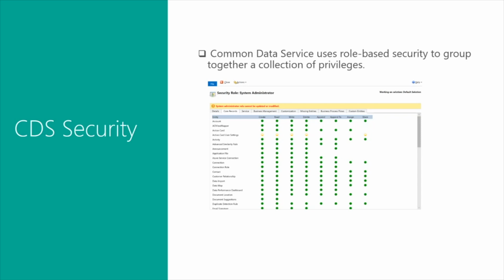If you see the entire green, that means the access level is given to all users, across all records of all organizations. If it's deep access, then the access level is given to users of a particular business unit or its subordinate business units, the child business units, if I may use that word.